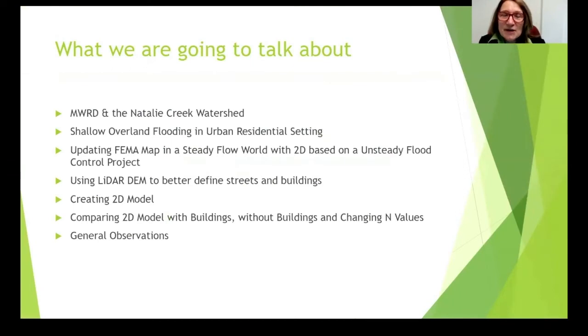What we're going to talk about: Joe's going to start with describing MWRD, their mission, and the Natalie Creek Flood Control Project.